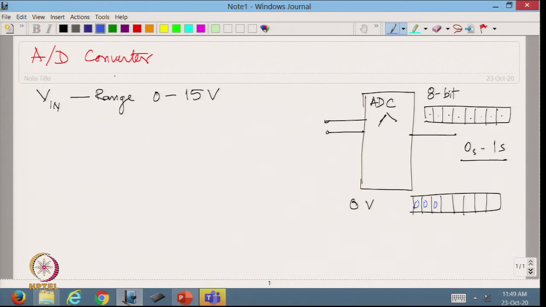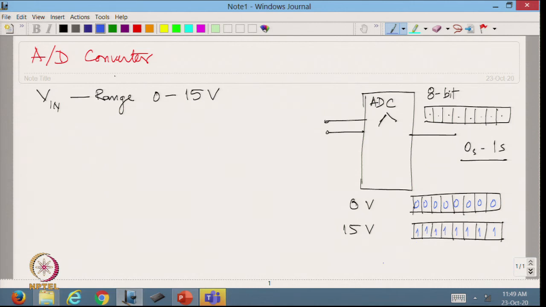So, it will be 0, 0, 0, 0 like that. And in the second case, when it is taking a value of 15 volts, which is the upper limit of its range, it will put out a number which is all ones. So, we interpret the other way around, that if my signal has all ones, we say it is 15 volts, but with the caution that I just mentioned, it could also mean 16 volts.